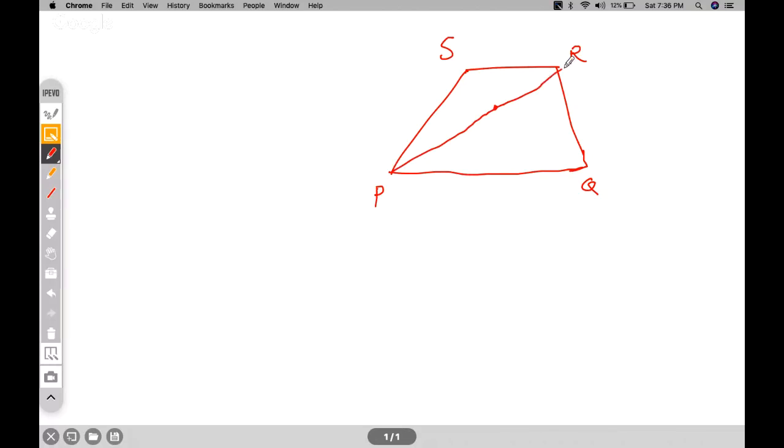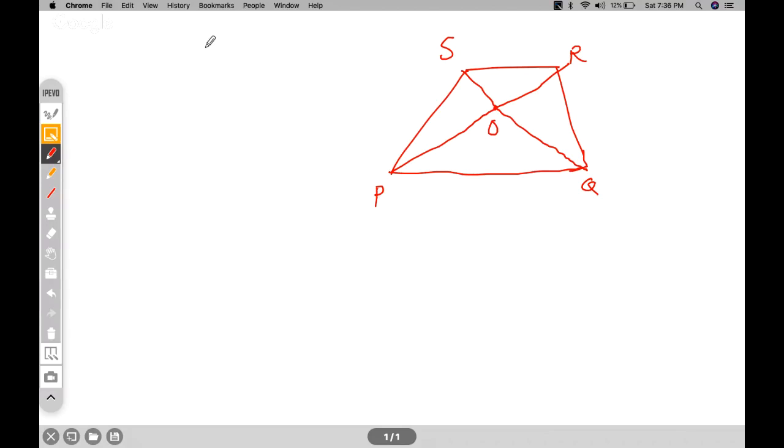Next question is, this is some kind of quadrilateral PQRS, and there is a point O here where the diagonals coincide.